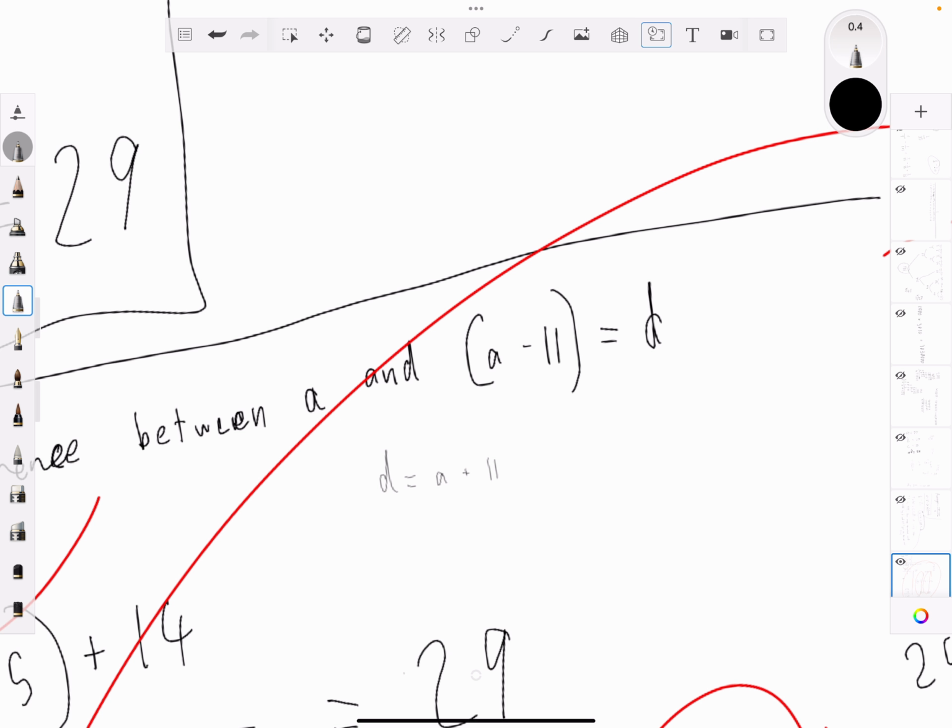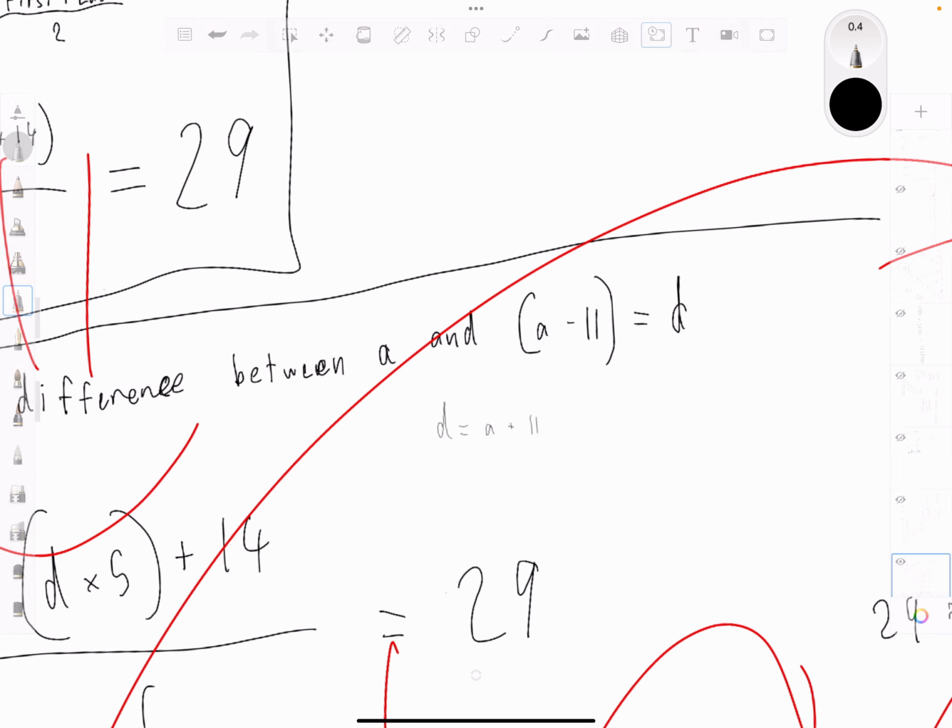Why am I doing this in English? Okay, just a practice. D equals A plus 11.